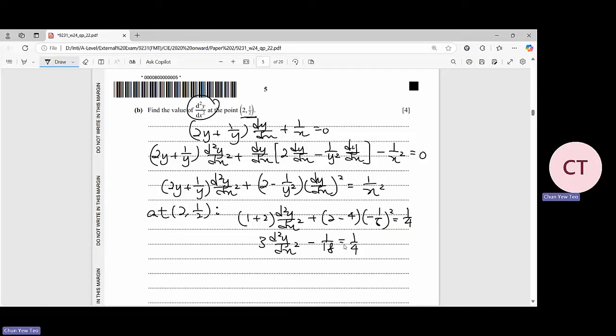So you just need to press the calculator. You get the answer as 11 over 108. Just press the calculator, then you will get 11 over 108. Yes, correct. So this is the answer.